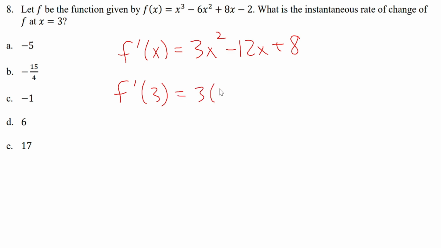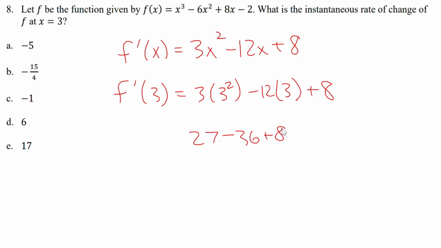So this is 3 times 3 squared minus 12 times 3 plus 8. Right? Well, 3 times 3 squared is 27 minus 36 plus 8, which should come out to be -1, which is answer choice C.